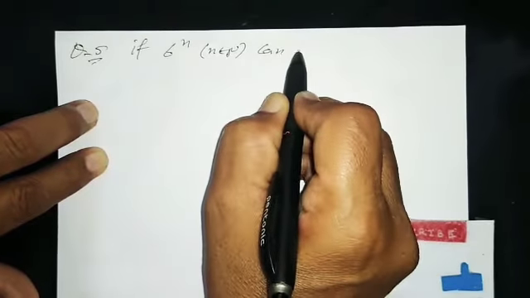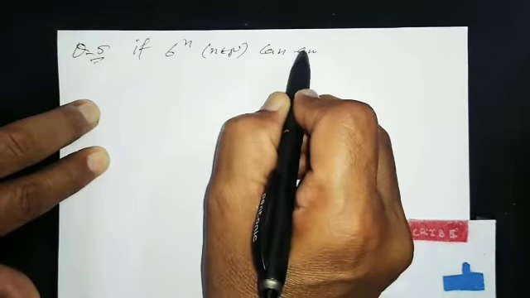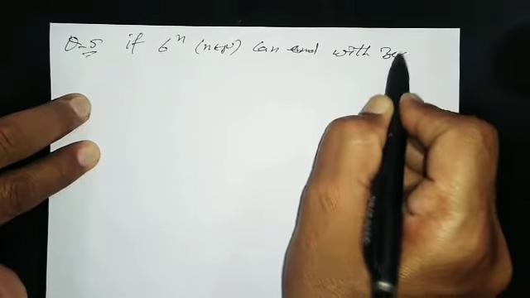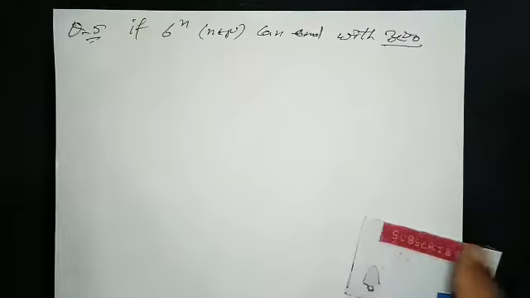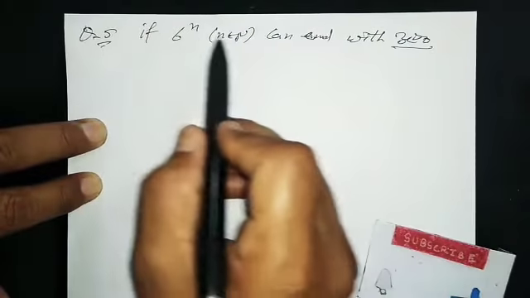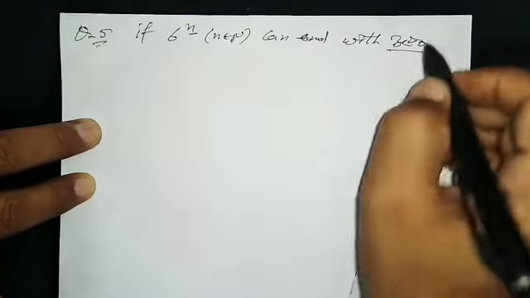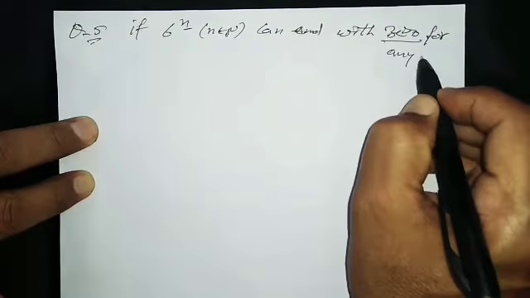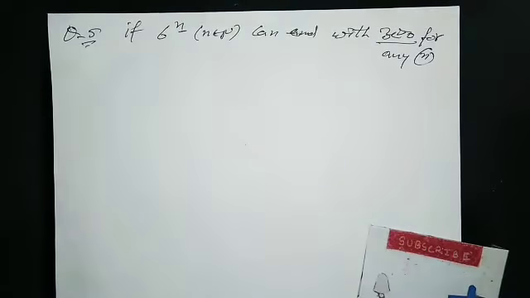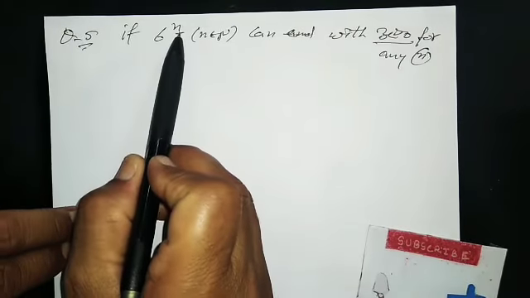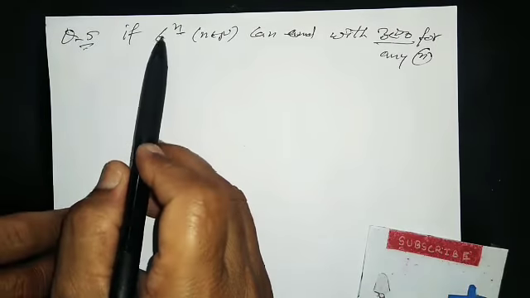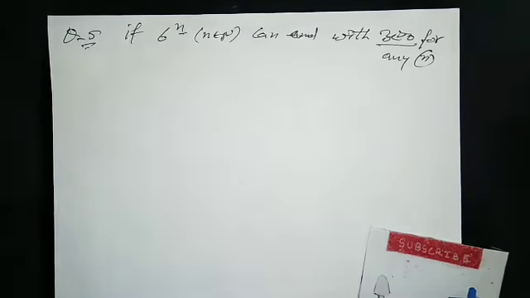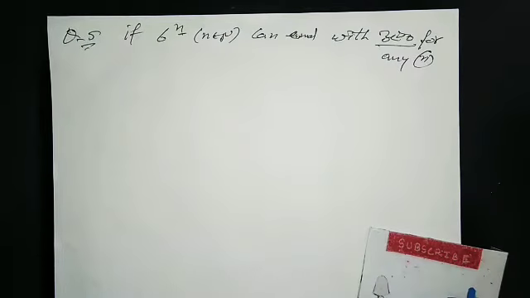That means, can we find an n so that the value of 6 power n ends with the digit 0?